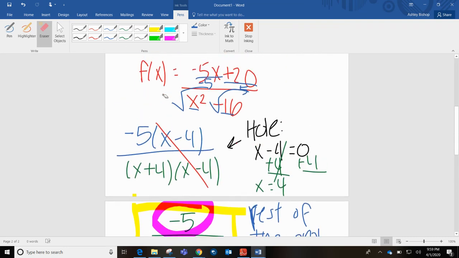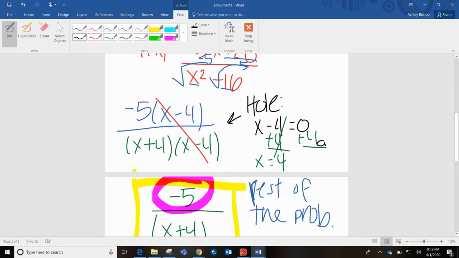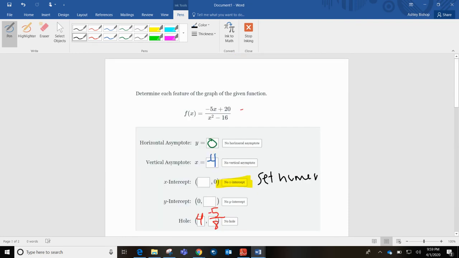Okay. And then your y-intercept, so I'm going to write a note right here. X-intercept: set numerator. Numerator, that's very bad writing.